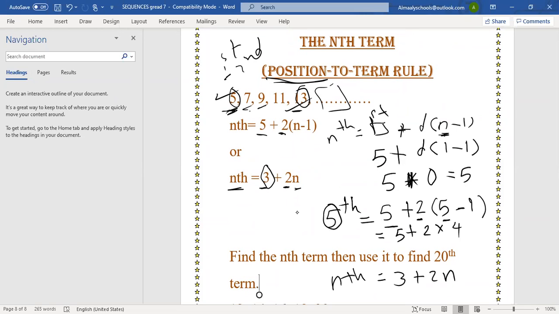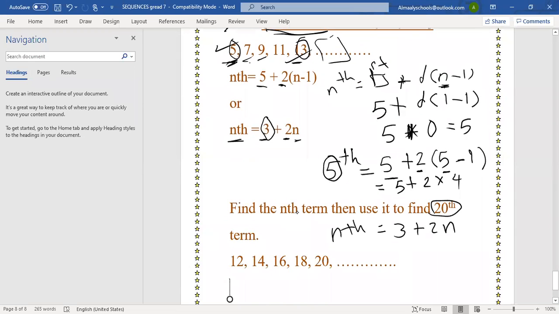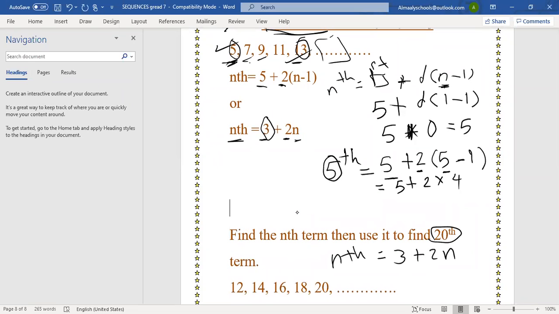From your rule, find term number 20, the 20th term. Who can find it? Can you find term number 20? It will be 3 plus 2 multiply, not 5, term number 20.